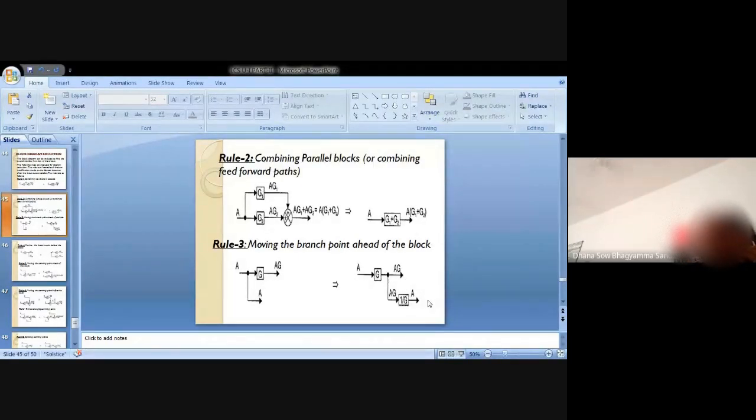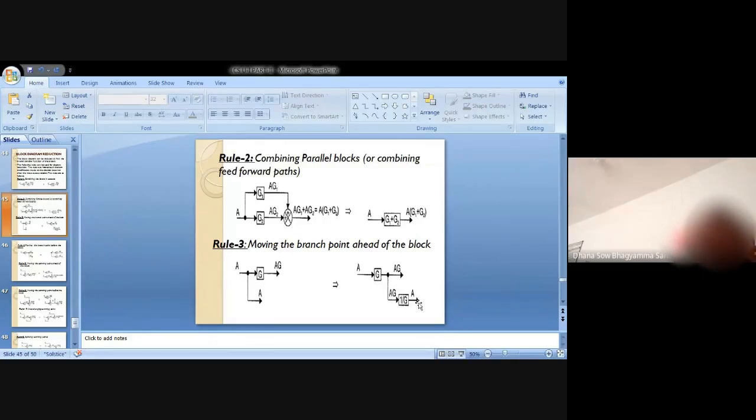Since it is moving ahead of the block, there must be some influence of this G. When it moves ahead of this block, there is an AG signal. But actually it should not be AG, it should be A only. The final outputs and the initial input should not change. In between, any changes can occur.